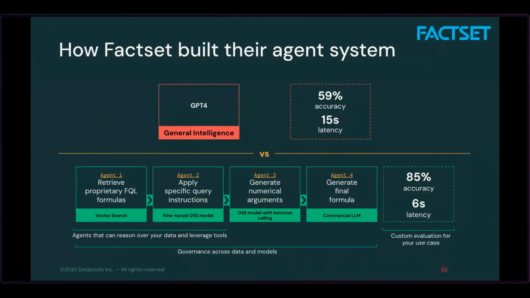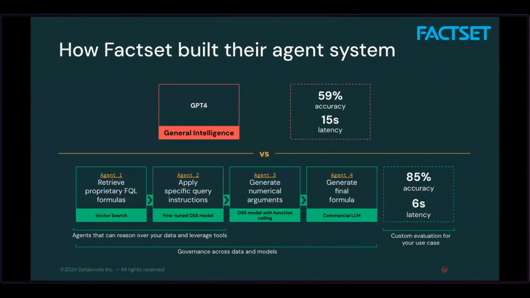So let's go back to the FactSet example and expand the AI agent system they built. I mentioned that a model is just one component of an AI agent system, and there are several instead of just being one monolithic AI model. The way that they architected this was by breaking this problem down into 4 components, each using an individual agent.